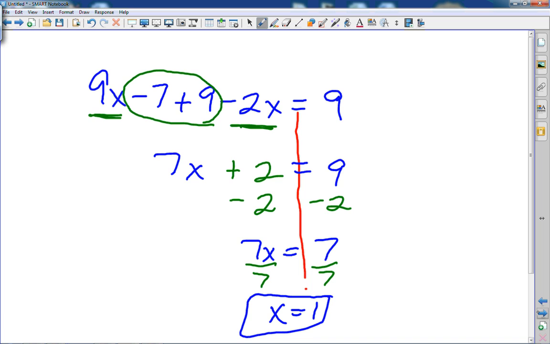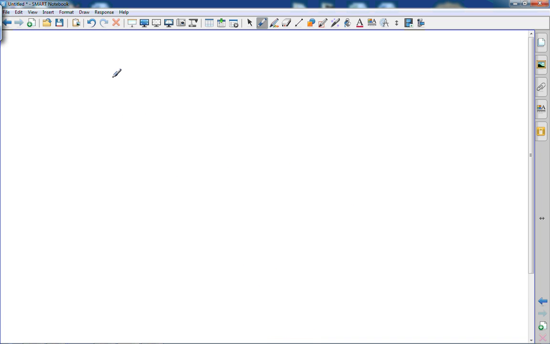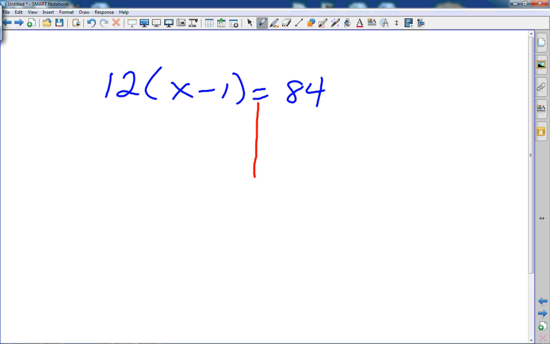The next one has 12 times x minus 1 equals 84. Whoop, my pen didn't write very well there. I'm going to draw my line down. Okay, distributive property would be the first thing I do. 12 times x is 12x. 12 times negative 1 is negative 12.